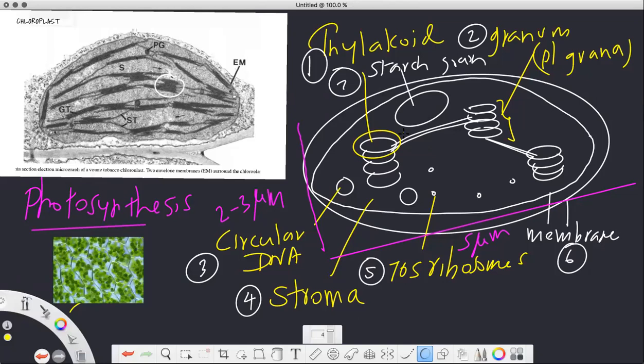Most of the organelles don't have this kind of sub-organelles. If you take Golgi, endoplasmic reticulum, ribosome, nucleus, mitochondria, we don't get this kind of structures.